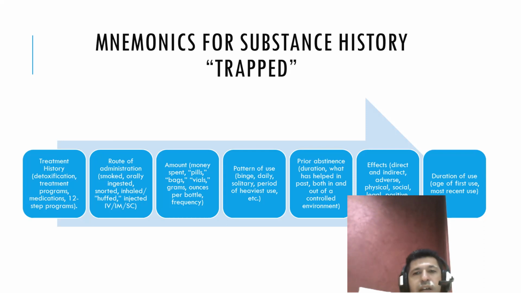The effect of the drug, either physical, social, psychological, like legal issues that the patient enters for this. The duration of use, like when was the first time you used this drug, and you have to make detailed information about the current or the recent use, because sometimes a patient comes with a problem with a certain substance, for example, heroin, and he doesn't address the other substance.